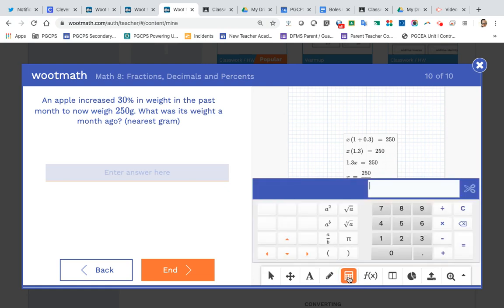So let's kick it over to the calculator. So the nearest gram will be 192 grams.